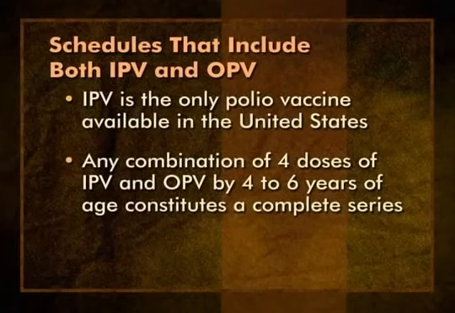Any combination of 4 doses of IPV and OPV by 4 to 6 years of age constitutes a complete series. You do not need to add any extra doses. 4 total doses are all that is needed. Now, we want to make sure you're clear on this point. A total of 4 doses is recommended if a child received any combination of IPV and OPV.